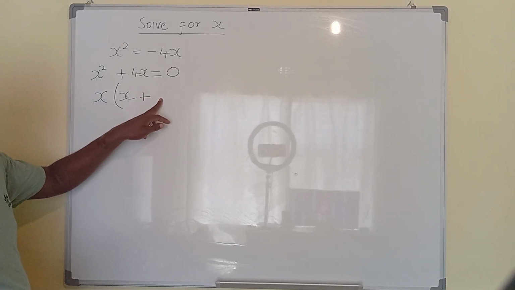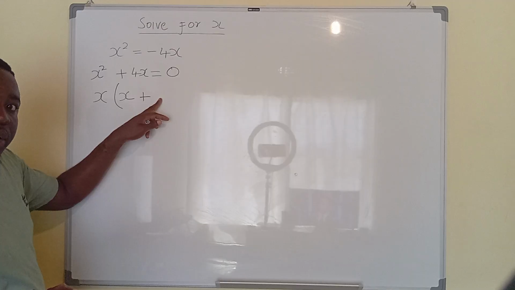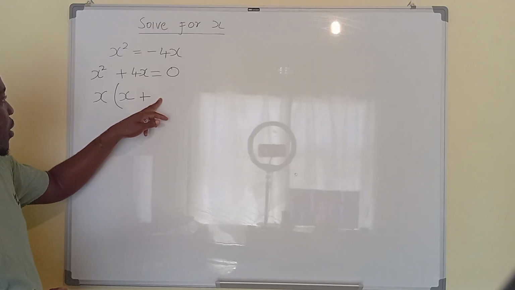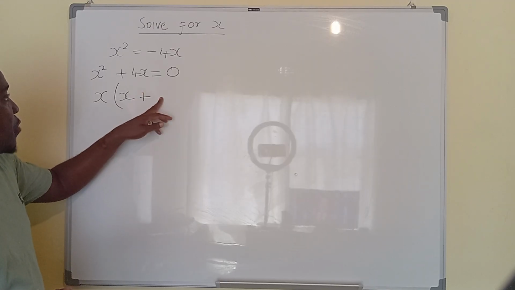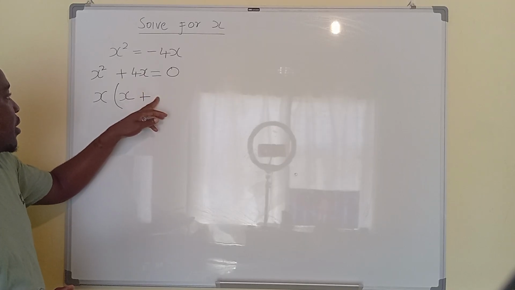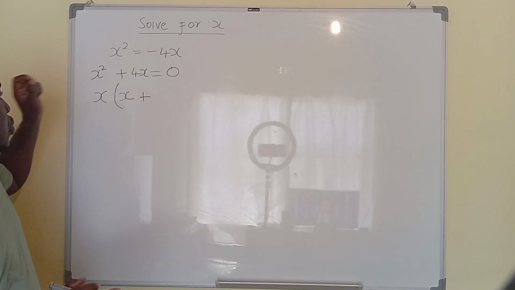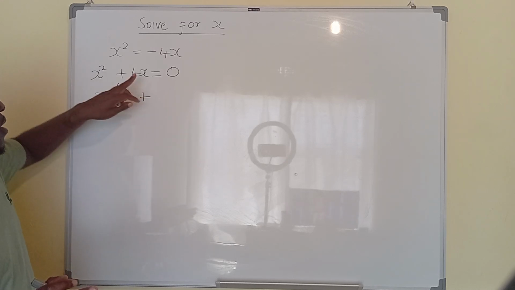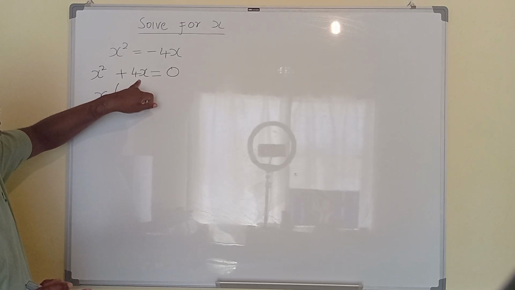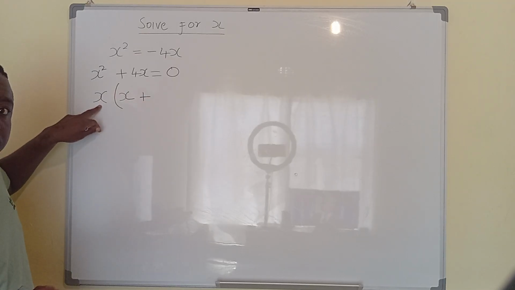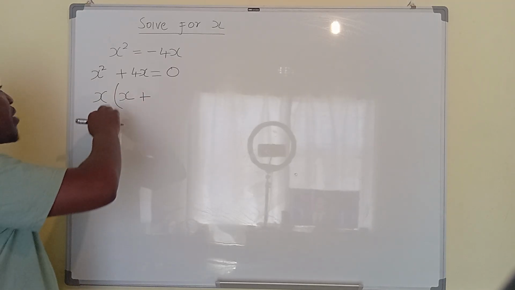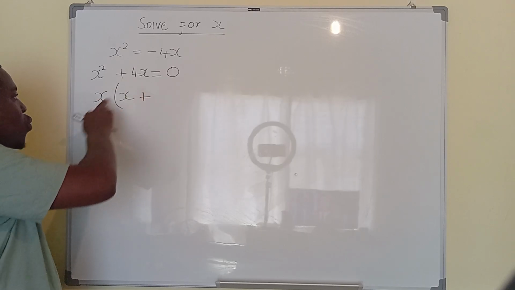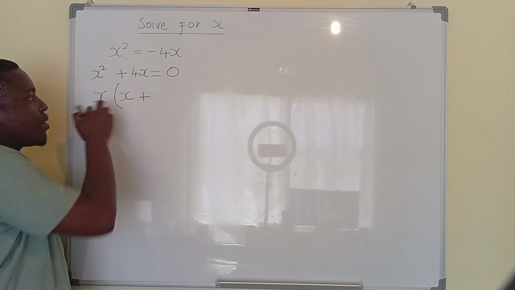What we should write here actually is the value that should give us 4x if we multiply it by x. In order for us to get this 4x, what should we multiply this x by?